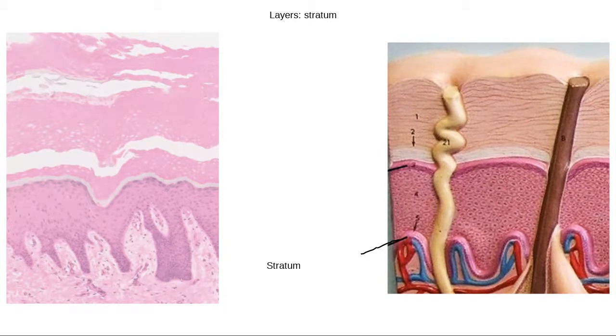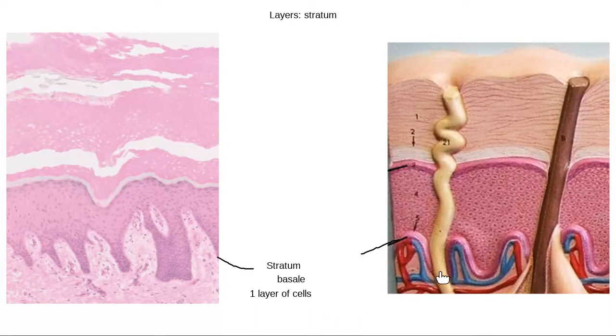The lowest layer of the epidermis is called stratum basal. Stratum basal is actually one layer of cells. One layer of cells down at the very bottom. This one layer of cells is where the epidermis meets the papillary layer of the dermis down below it.